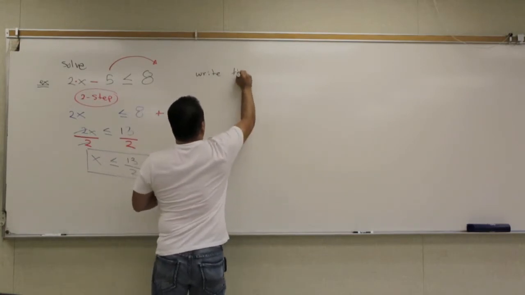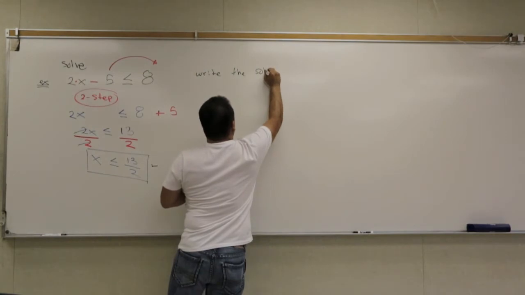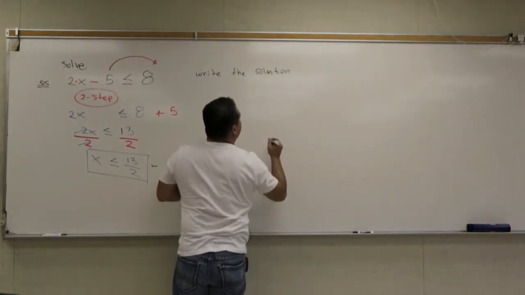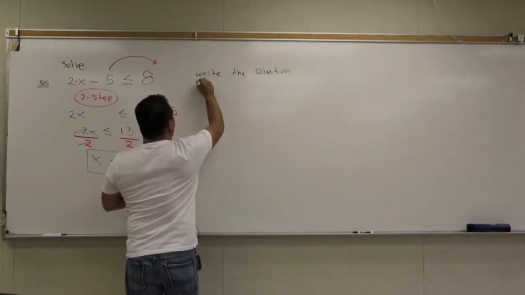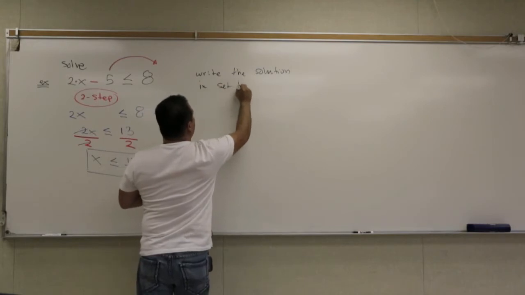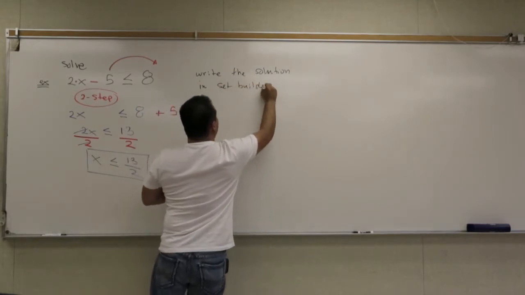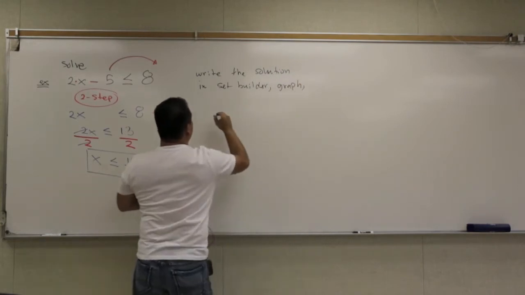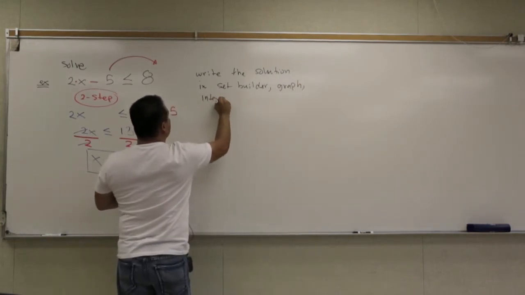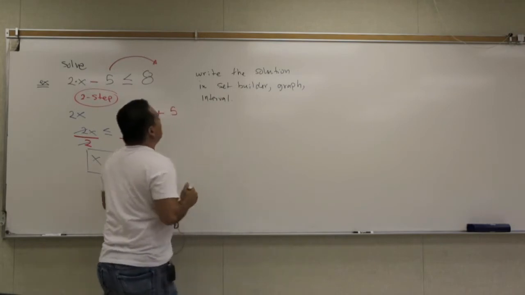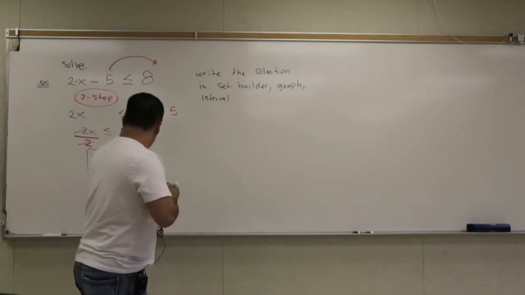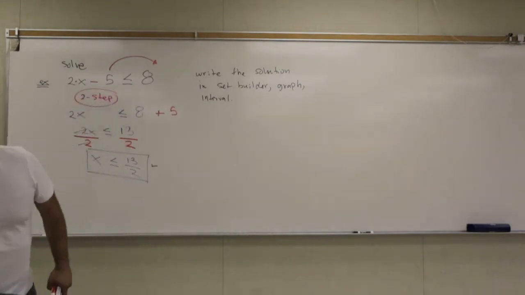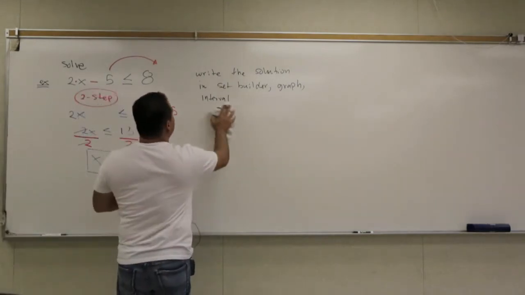They want you to write the solution in what they call, they have two options, set builder notation. They may want you to graph the solution, or they may want you to write this in interval notation. Okay, so we're gonna deal with that.